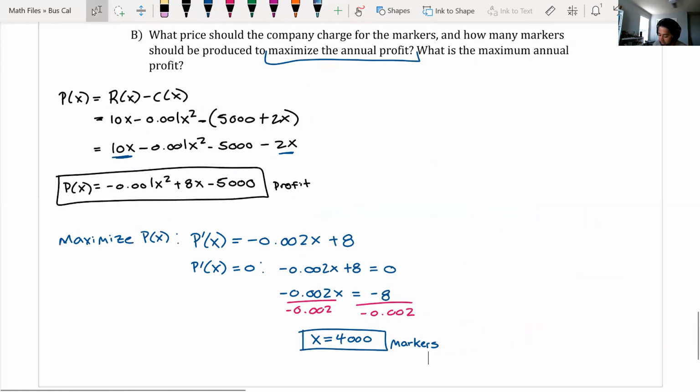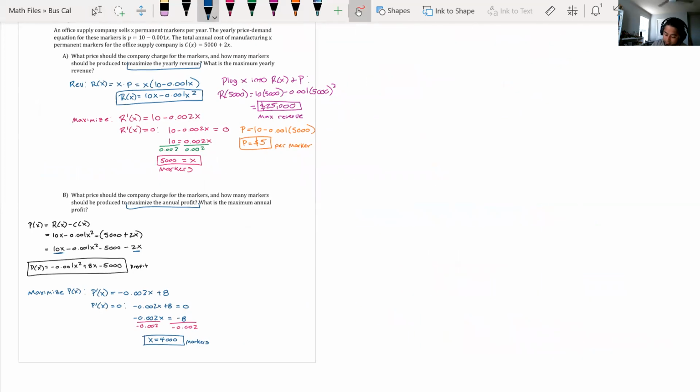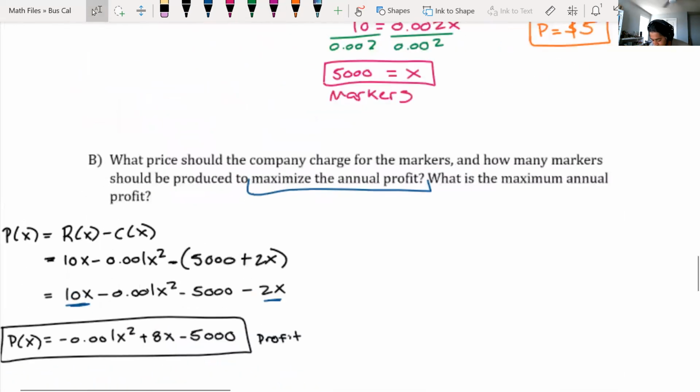Okay, so now, once again, what we're gonna do with that number is take it, plug it into the profit function, and then plug it back into that price function. And that's it.